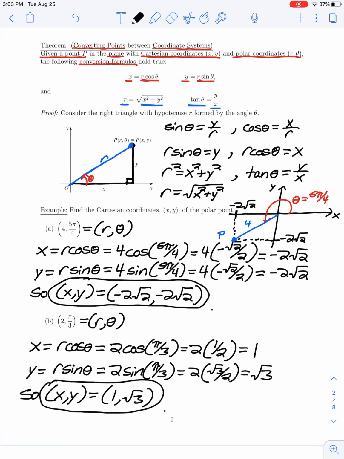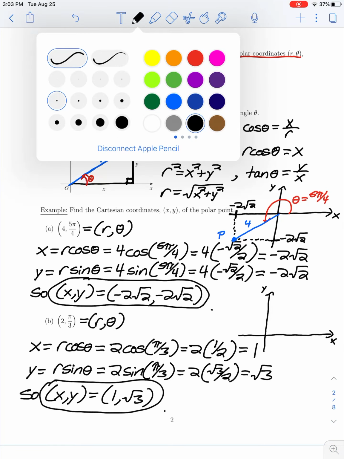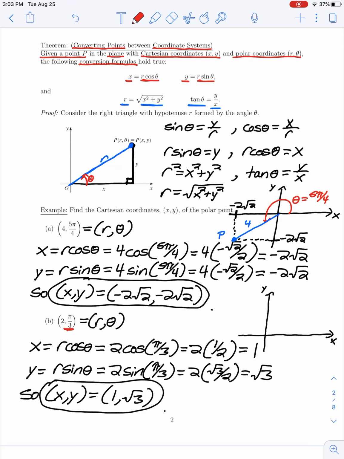Okay. So again, to get a little idea, or to check our work and see that this seems reasonable, let's think about plotting the point using both coordinate systems. In the plane, we have the point whose polar coordinates are 2 and pi over 3. We would start by looking at the angular coordinate, theta, which is pi over 3. So I would rotate pi over 3 in the counterclockwise direction, since theta was positive.